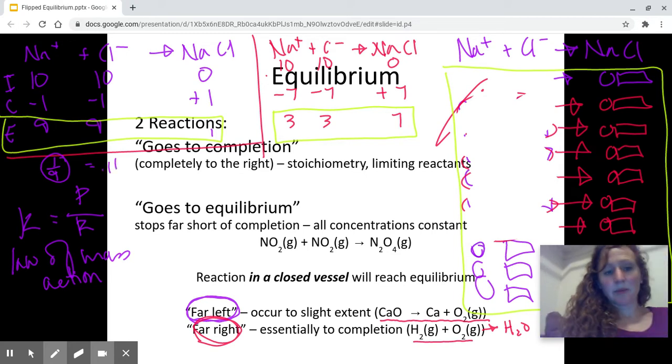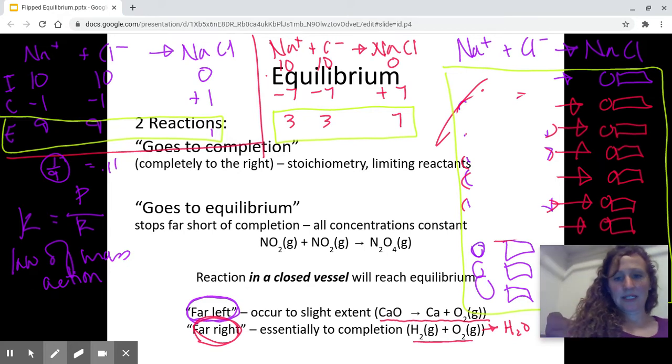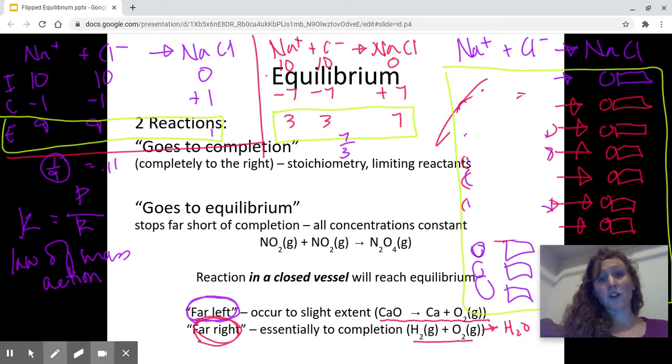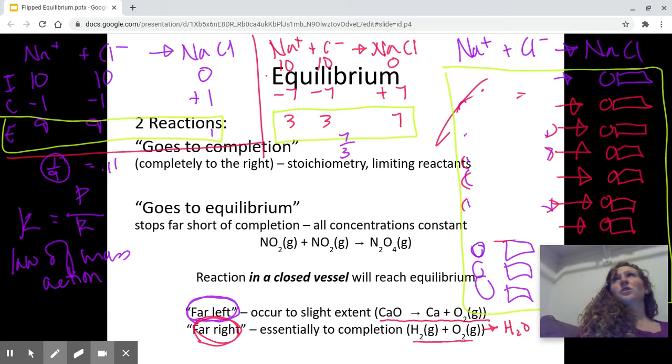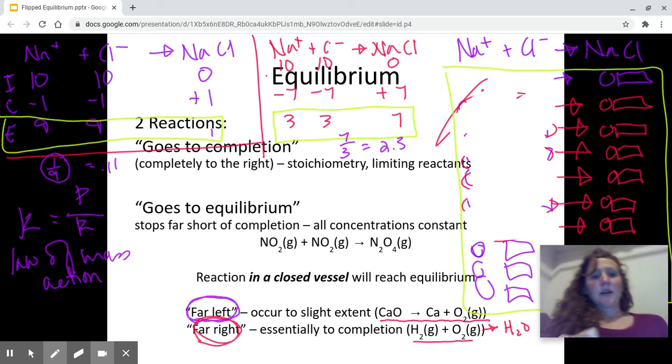It's a pretty small number compared to what this fraction would be, what this ratio would be if we were far right, if we had lots of products versus very little reactants. So in that case, it would be 7/3, right? Which would be over 2. What is it? 2.3? Yeah, 2.3.